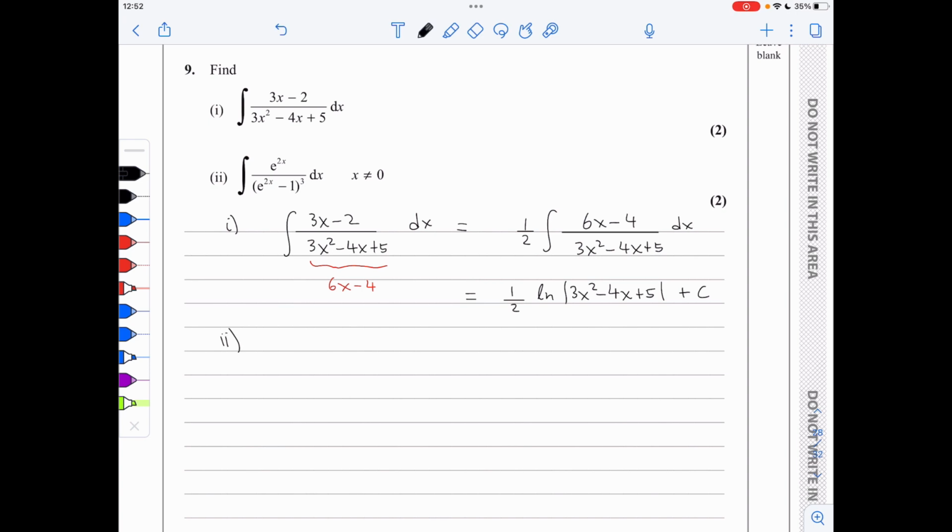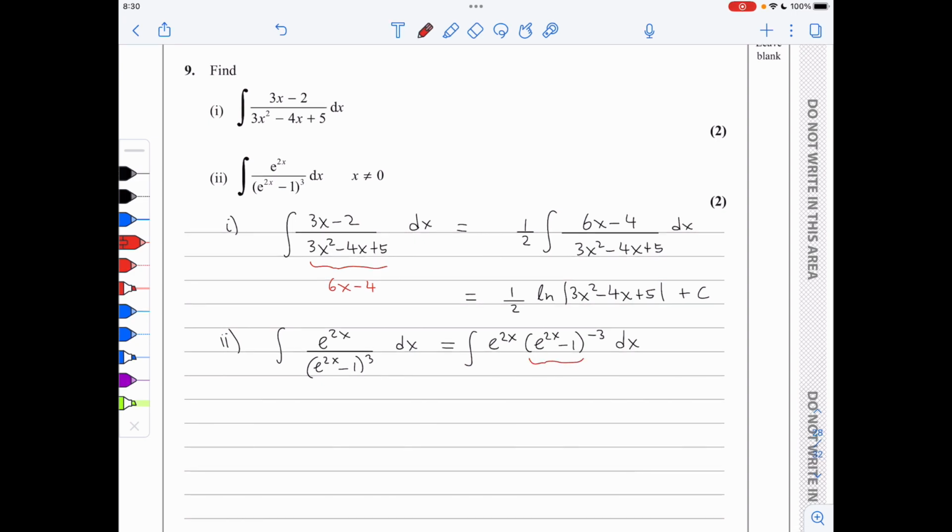In I, it's the integral of e to the 2x over e to the 2x minus 1 to the power of 3. I will start by writing that as the integral of e to the 2x times e to the 2x minus 1 to the negative 3 dx. The derivative of the bracket here is 2e to the 2x, so I will multiply e to the 2x by 2 to make it be the derivative of the bracket, and I will multiply by a half outside.